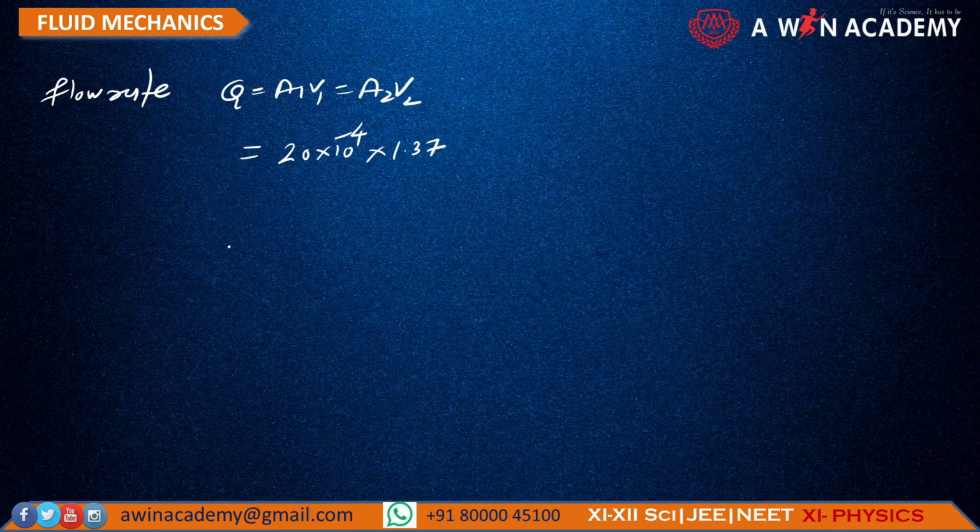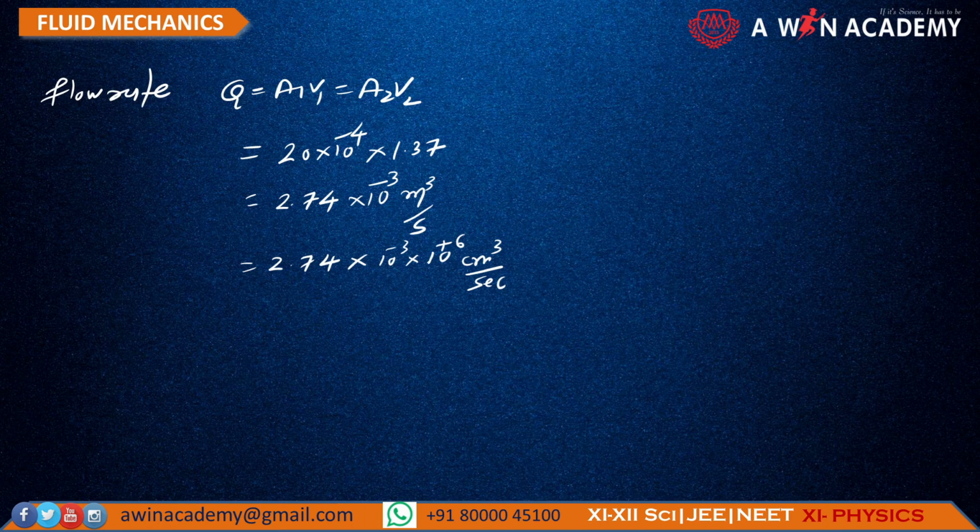You can solve it. It will become 2.74 into 10⁻³ ये मीटर क्यूब पर सेकंड हुआ. और हमें अगर सेंटीमीटर में चारों ऑप्शन दिए हैं तो हम इसको सेंटीमीटर में कन्वर्ट करें तो 10⁻³ to 10⁺⁶ सेंटीमीटर क्यूब पर सेकंड.